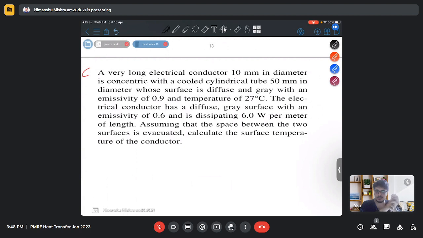The electrical conductor has a diffuse gray surface with an emissivity of 0.6 and is dissipating 6 watt per meter of length. Assuming the space between the two surfaces is evacuated, calculate the surface temperature of the conductor.